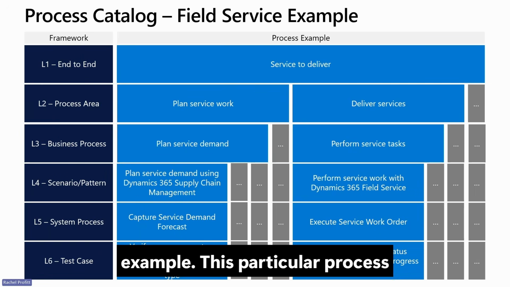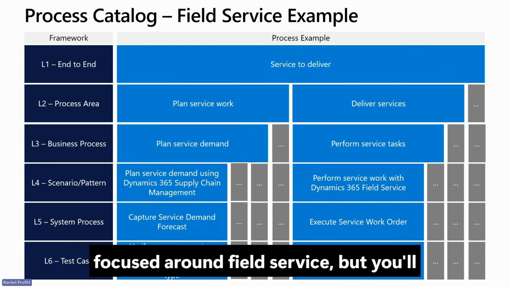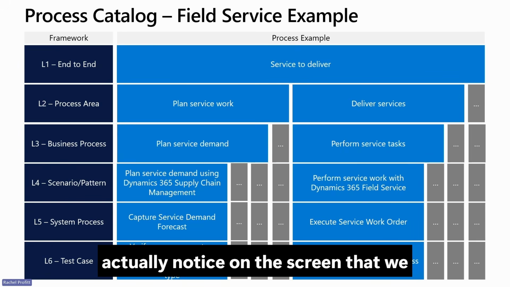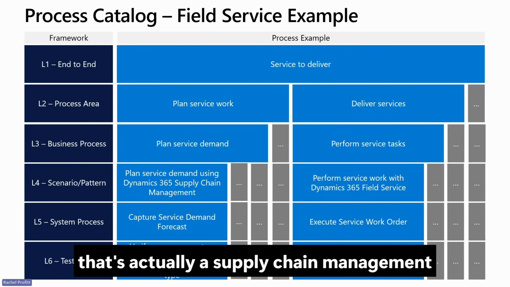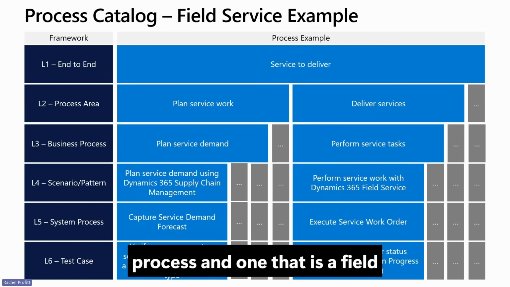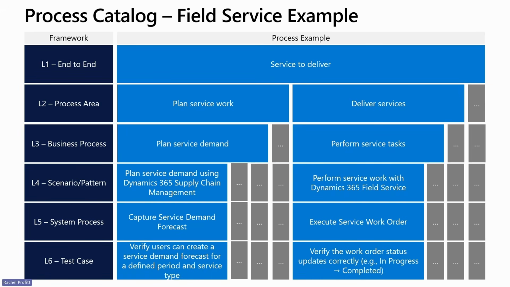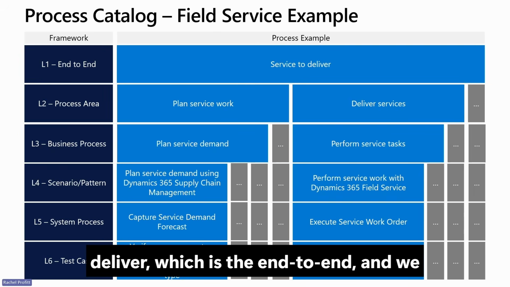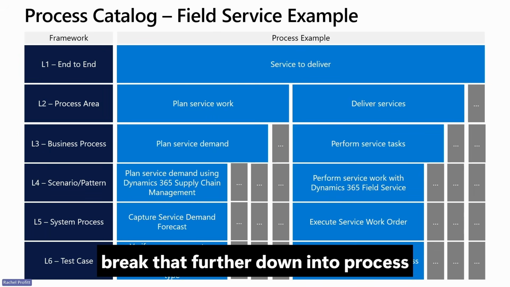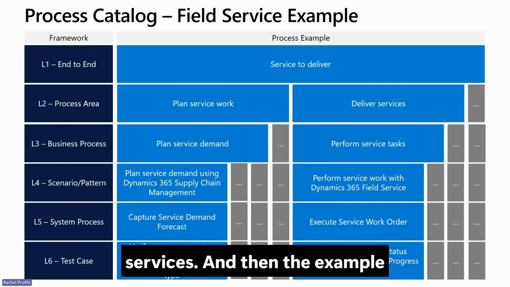This particular process, service to deliver, is primarily focused around field service, but you'll actually notice on the screen that we have 2 examples, one process that's a supply chain management process, and one that is a field service process. So in the example, right, we take service to deliver, which is the end-to-end, and we break that further down into process areas like plan service work and deliver services.